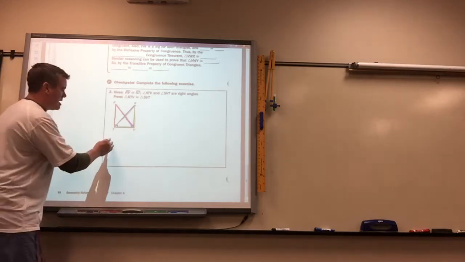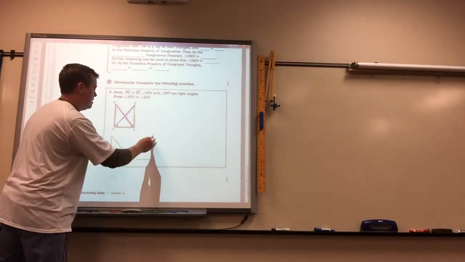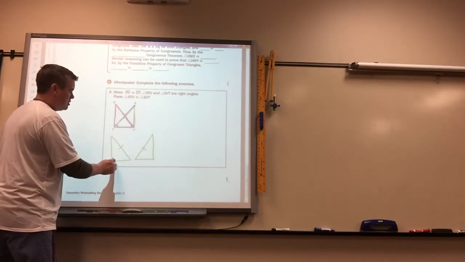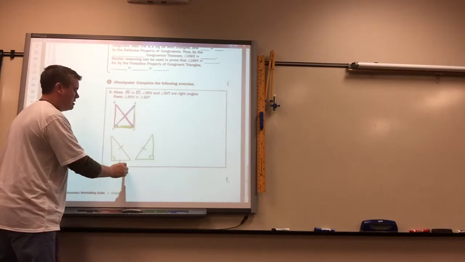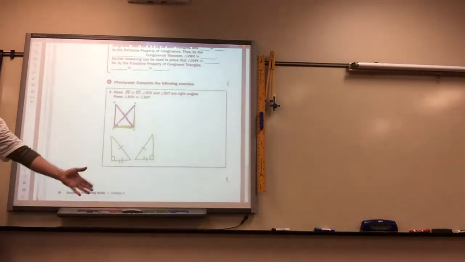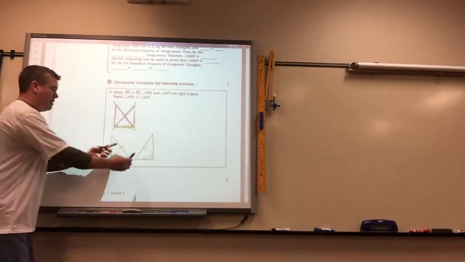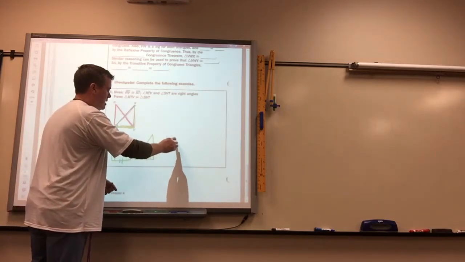If I drew it separate, because they have a shared side. If you separated them, they told us this equals that, they told us these are 90s, and this bottom piece right here is a shared side. So when they're drawn like that, it's easier to see. When they're together, it's a little harder. But the hypotenuses are equal, and it's got a shared leg, so it would be HL.